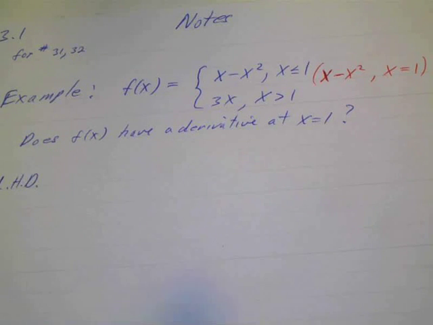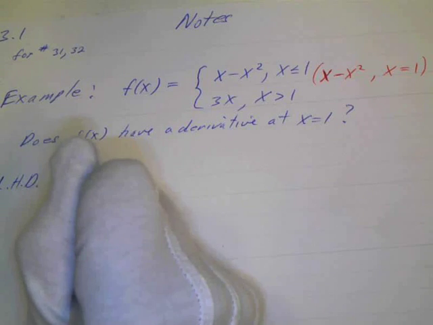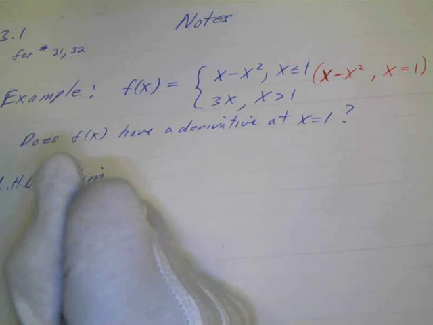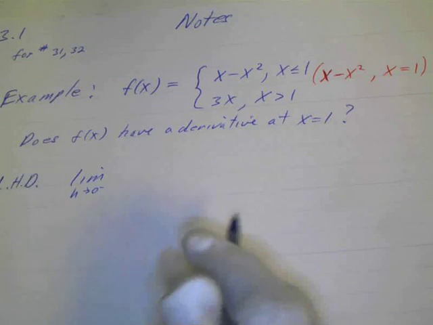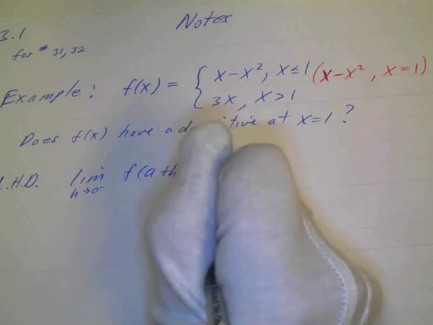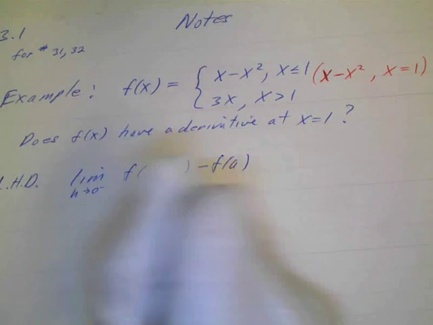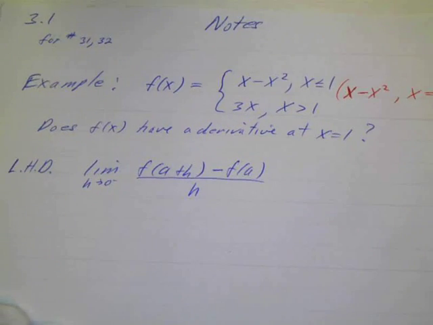Or our left-hand limit, because the derivative is a limit, and that's going to be equal to the limit as h approaches 0 from the left. In other words, our h is going to get smaller and smaller, of f of a plus h minus f of a all over h. All right?